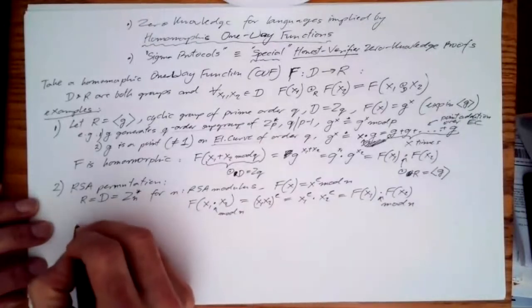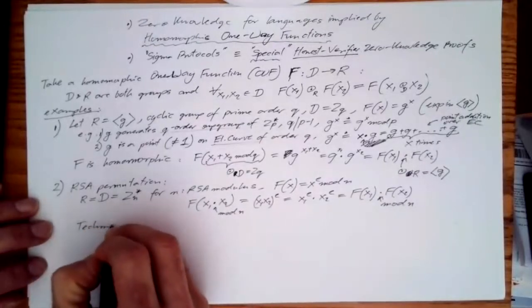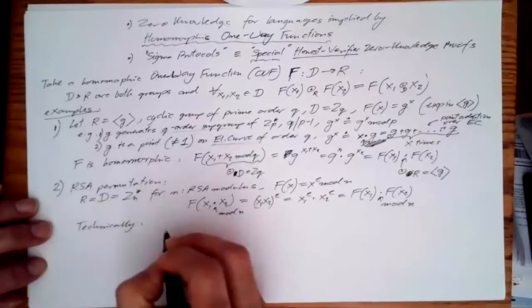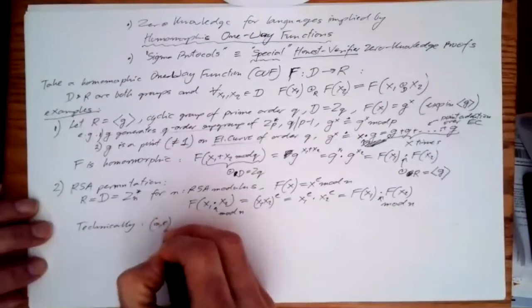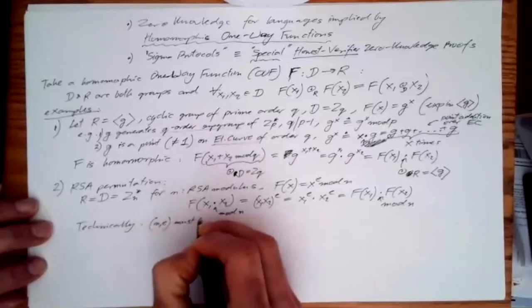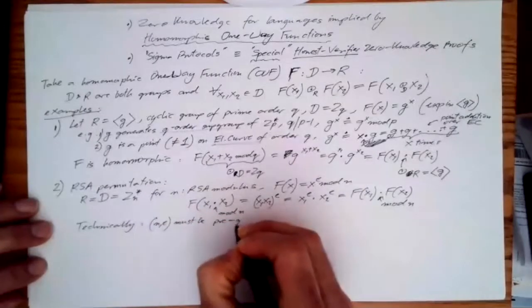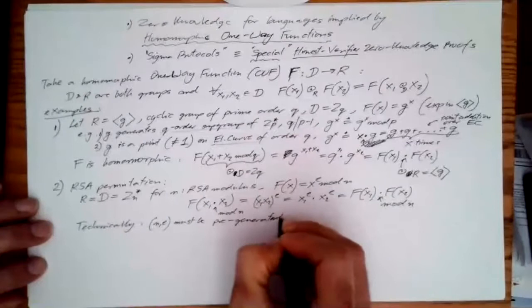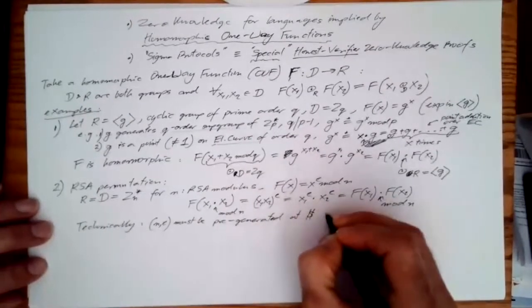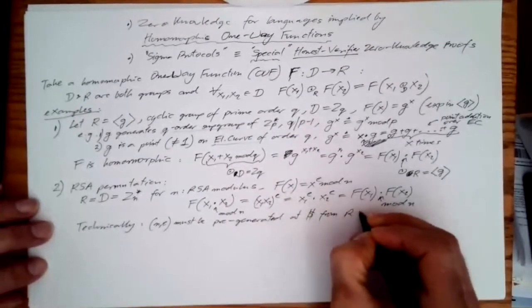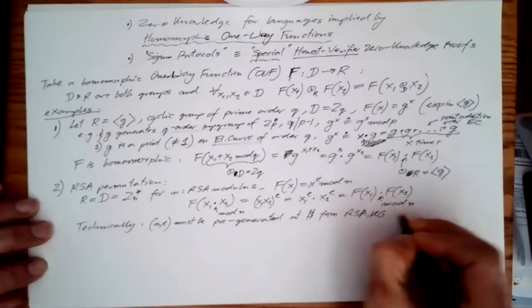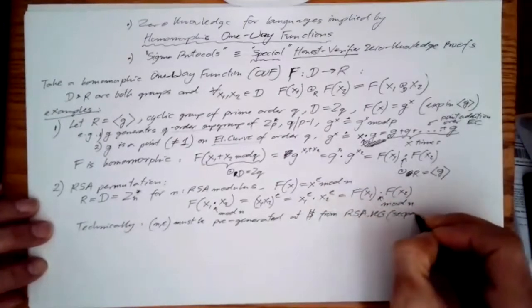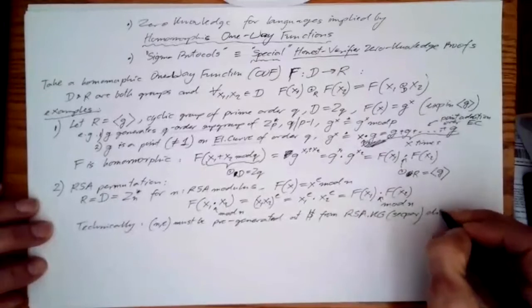Okay, so here technically N, e must be pre-generated at random from the RSA key generation on security parameter distribution.